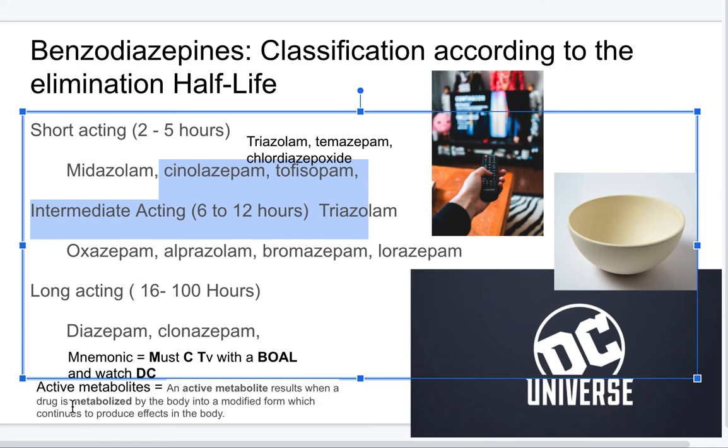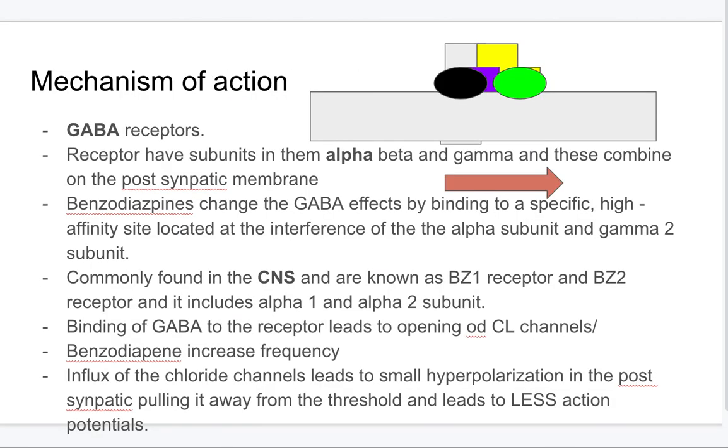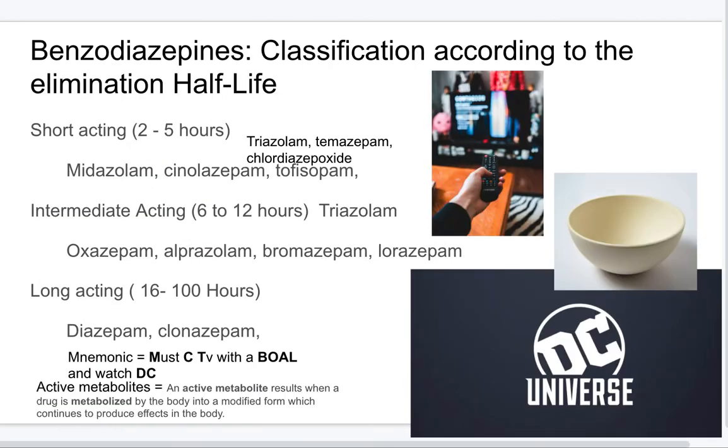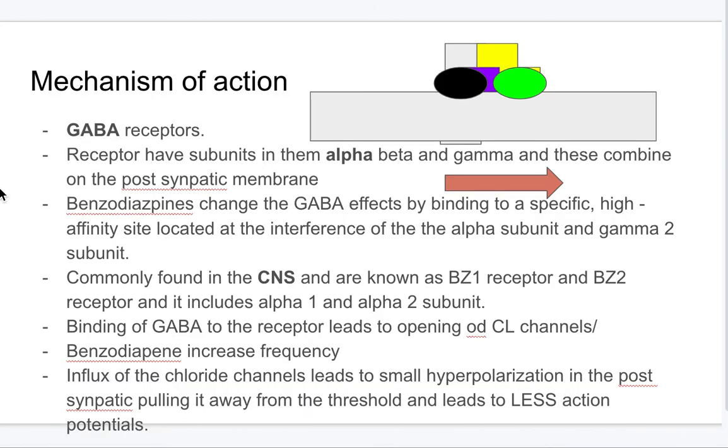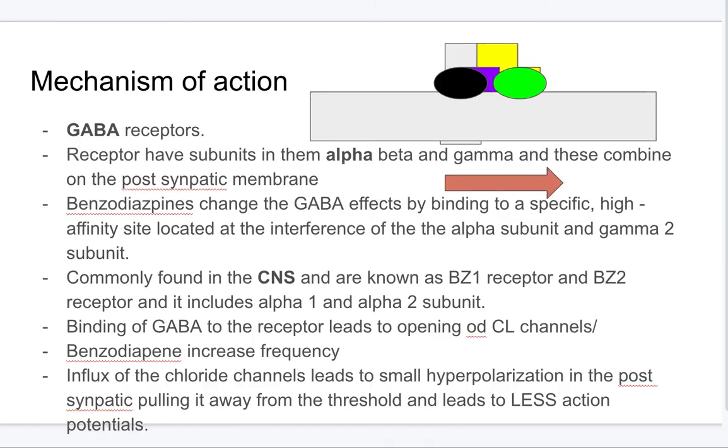So guys, before I leave, I want to quiz you, whether you were listening or not. What are the 5 subunits of the benzodiazepine receptor? That's alpha, beta, and gamma. The second question is, what is the main effect of benzodiazepine on the chloride channels? Benzodiazepine increases frequency.